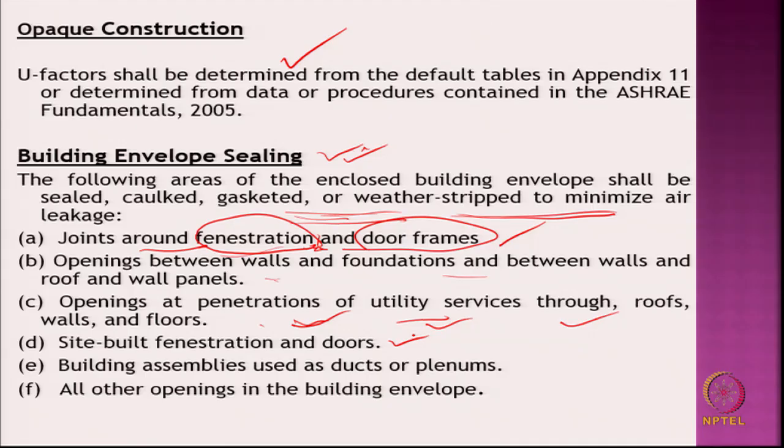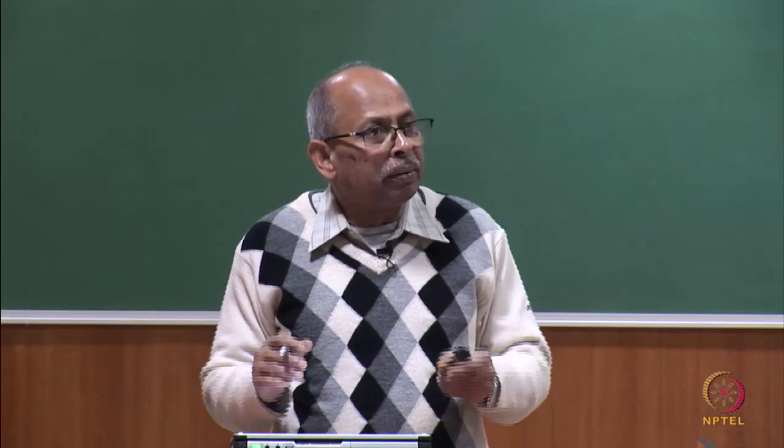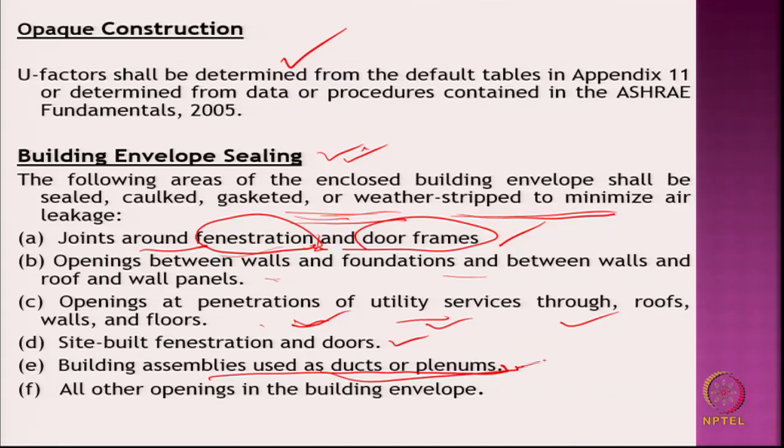And if it is site-built fenestration and doors, that is windows and doors, building assemblies used as duct or plenum, for example precast elements, you can have concrete ducts, right. So, if part of the assemblies is a part of the building itself, then there you would require complete sealing.